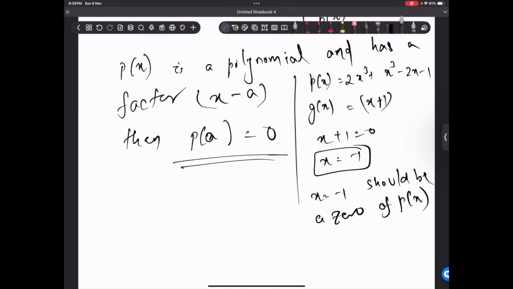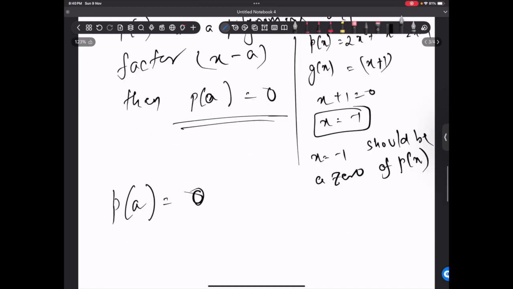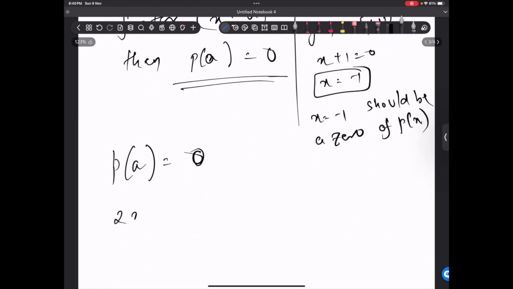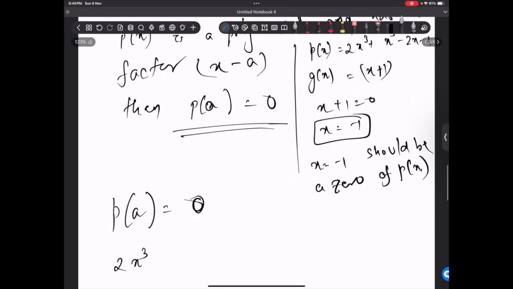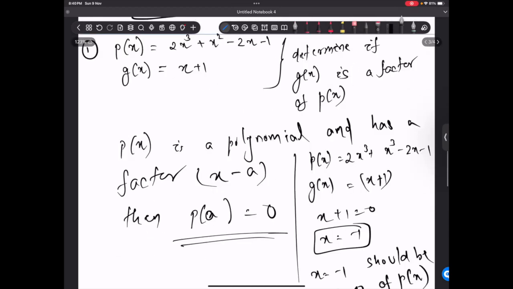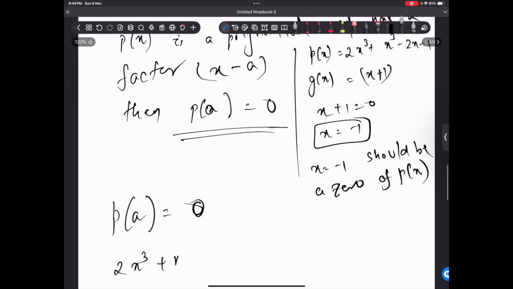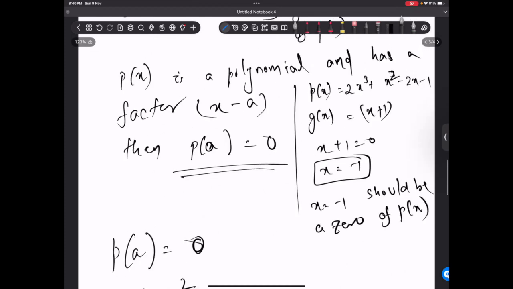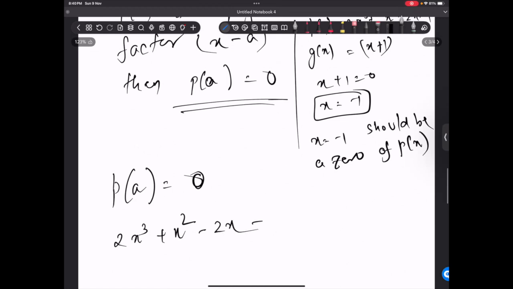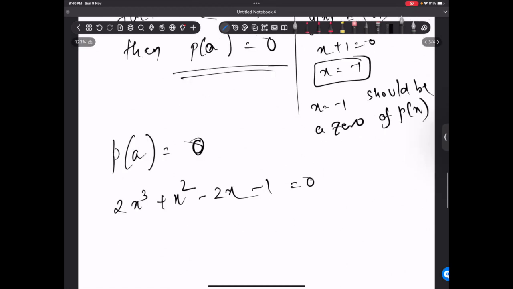What is the meaning of 0 of p of x? Now p of a equal to 0, which means the entire polynomial will become 0 if you substitute the value of a with x, which is 2x cube plus x square minus 2x minus 1 should be equal to 0 for x equal to minus 1.